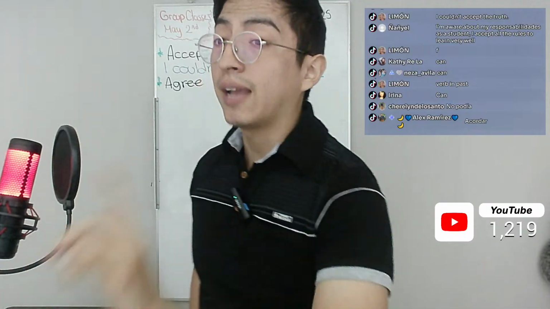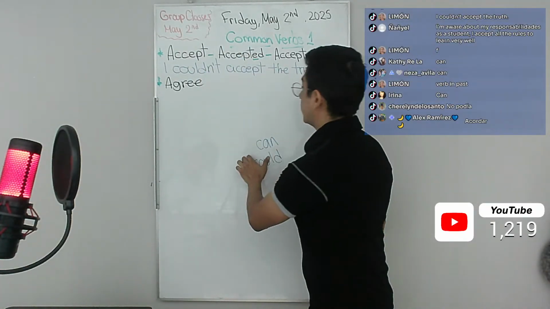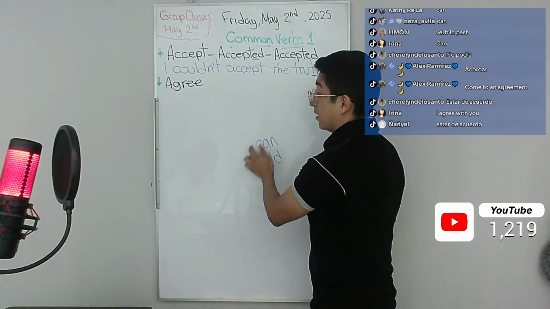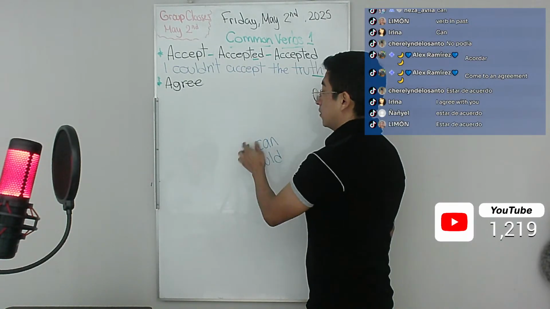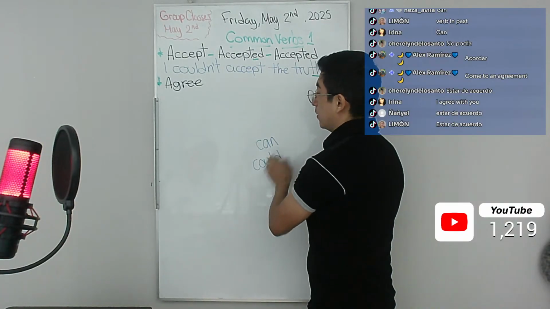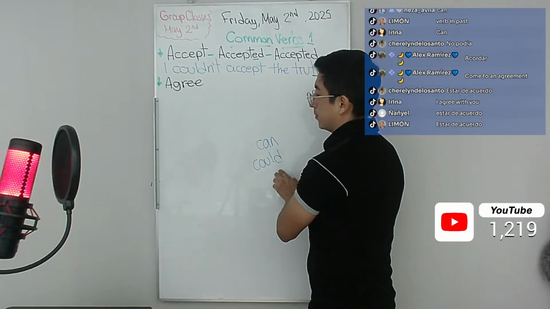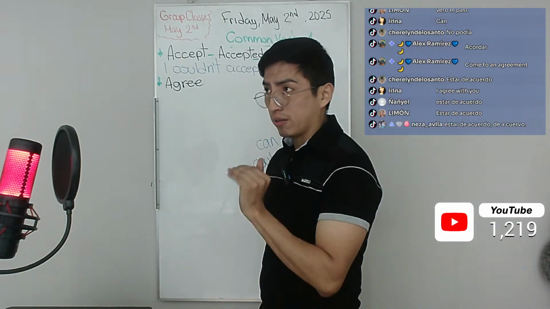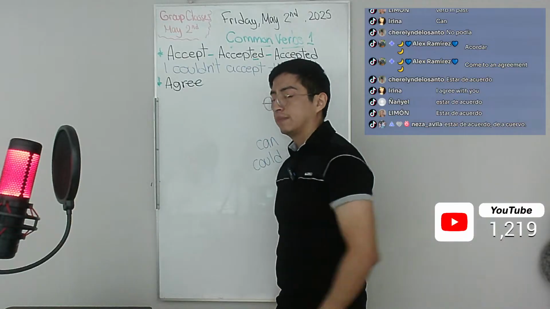What does agree mean? Remember that can is a modal verb. It is not a verb, it is a modal verb. So the simple past of the modal verb can is could.